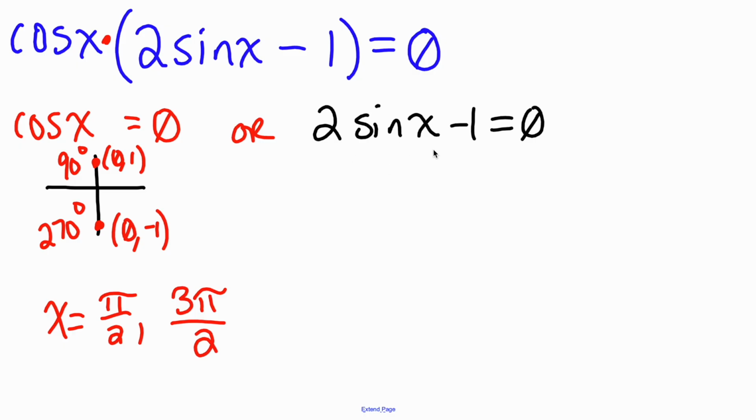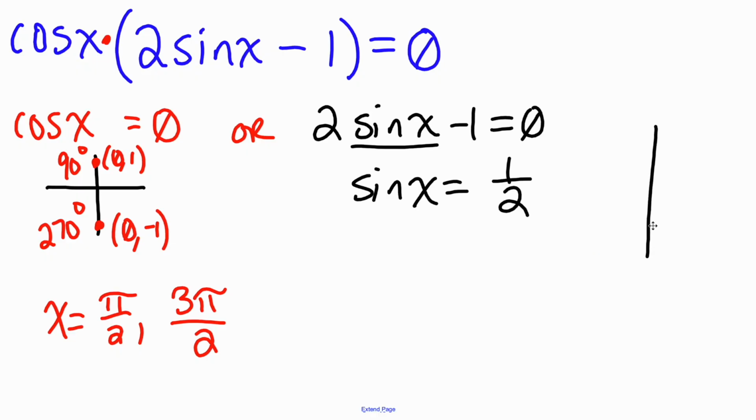Next up over here, I need sine by itself. So add 1, divide by 2. Sine x equals 1/2. This happens in two quadrants because sine is positive in two places. It's positive up here, and it's positive up here. So we need to figure out what angle measure produces this ratio 1/2.